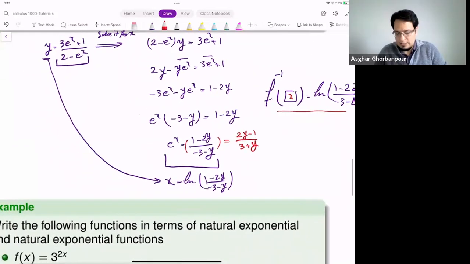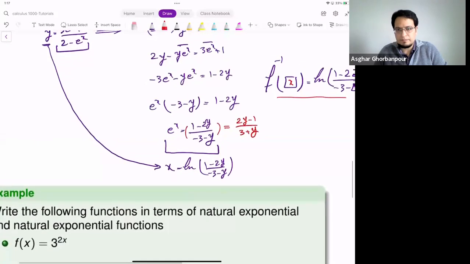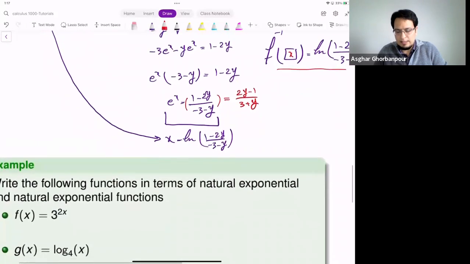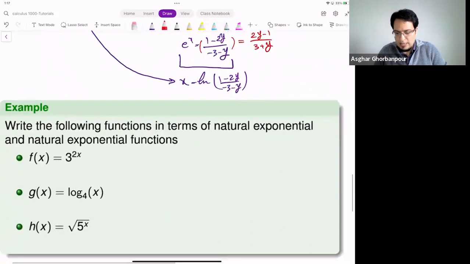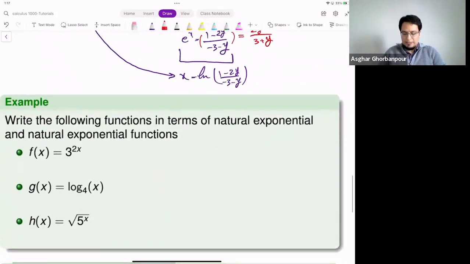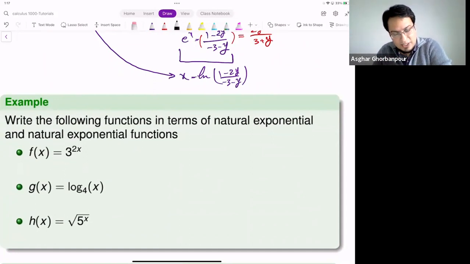Any other questions? Any other comments? Let me go a little bit faster here. Well, one of the properties that we discussed can help us write any exponential function or any log function in terms of the natural exponential and natural log function.